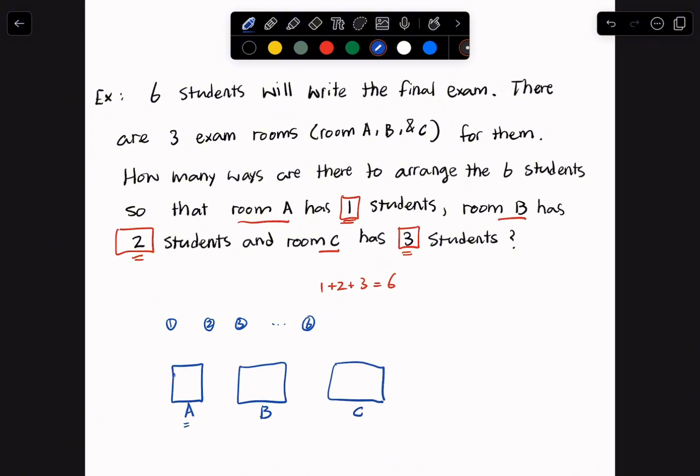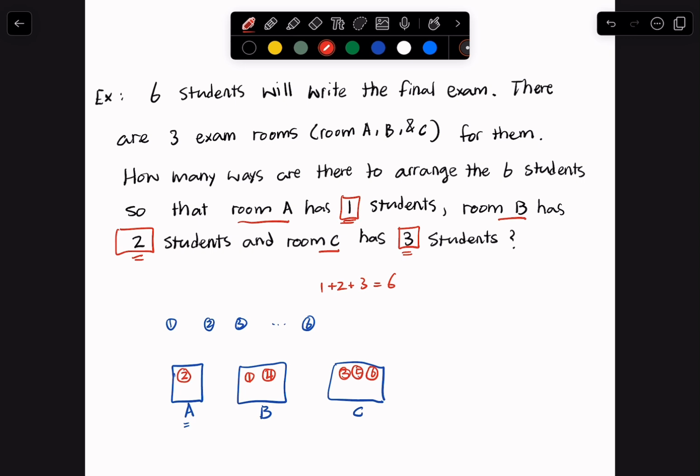A just needs 1 person, so I can randomly select 1 student for A. For room B, I need 2 students, which I choose from the remaining 5. And for the last one, C, of course, I'm going to have 3 remaining, all of whom go to the 3rd classroom. And that will be a possible way to complete our mission.